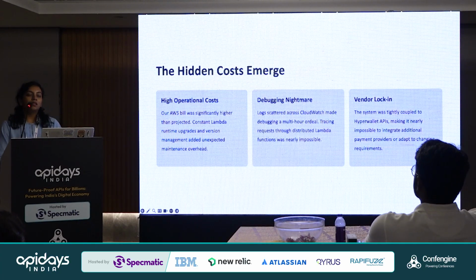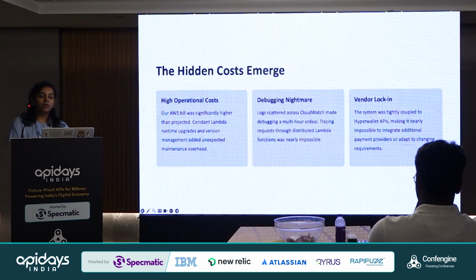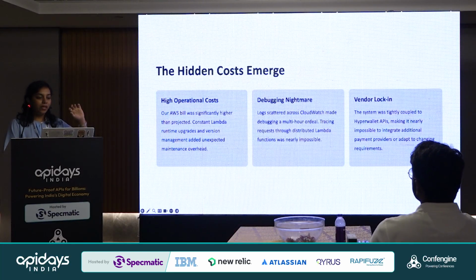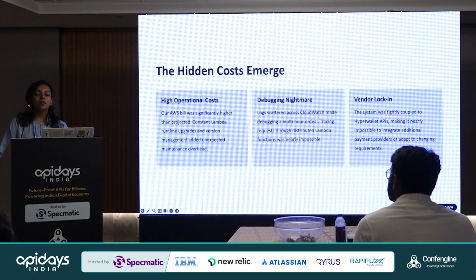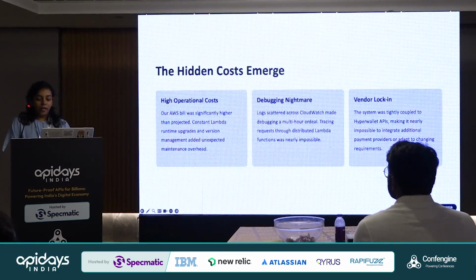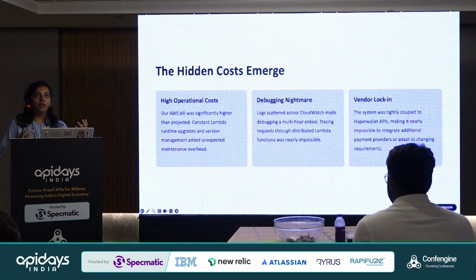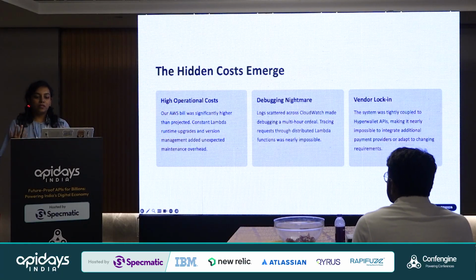Another key point was that most of our services were using a tool called Datadog for monitoring, and only our particular payout service was using CloudWatch. We couldn't integrate these two together. Let's say we had a critical bug in our system and wanted to debug it.